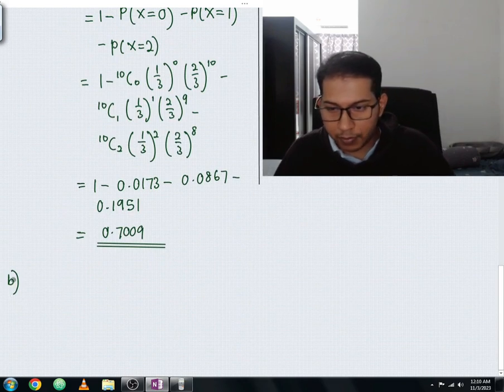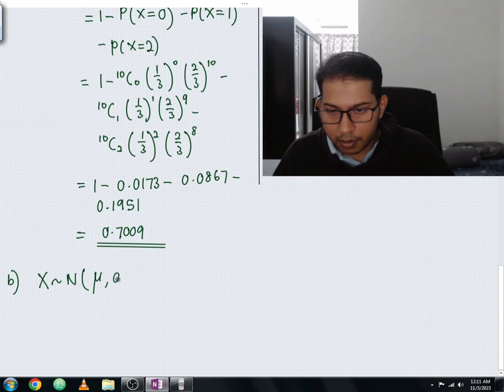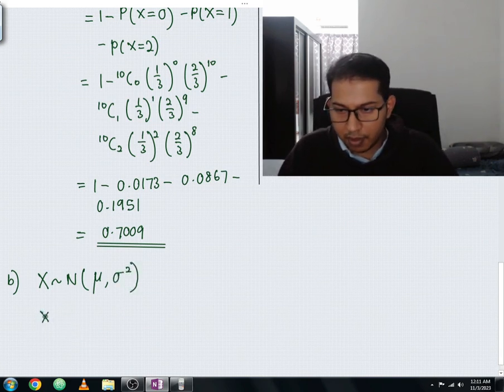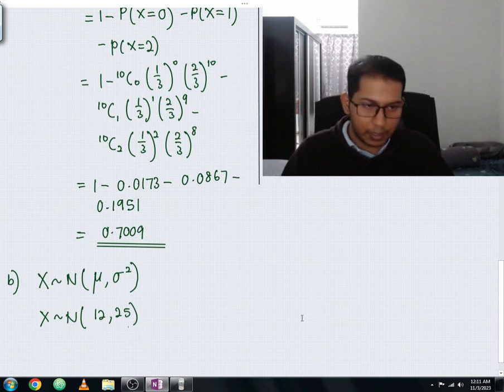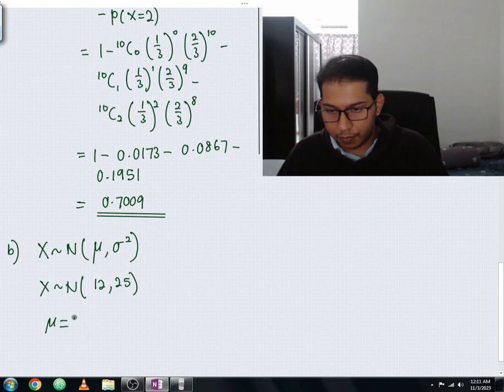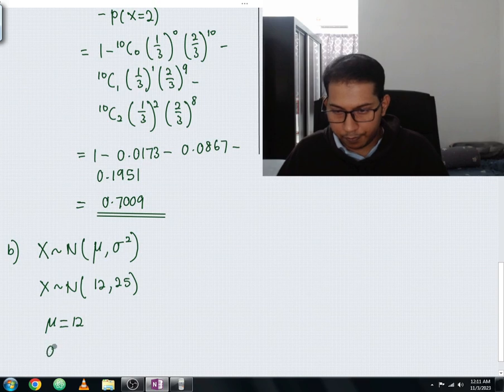So this is the general term if you want to write a normal distribution. x can be expressed as a normal distribution, mean, variance, squared. In this case, since x is distributed with a normal distribution of 12, 25, we can conclude that our mean is 12, and our variance is equal to 25.